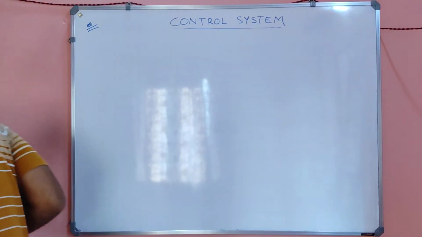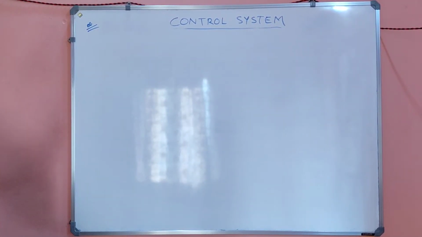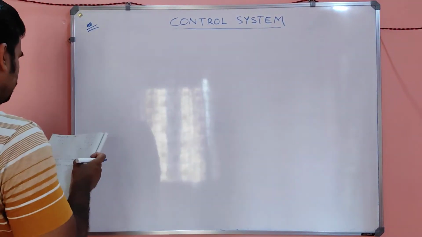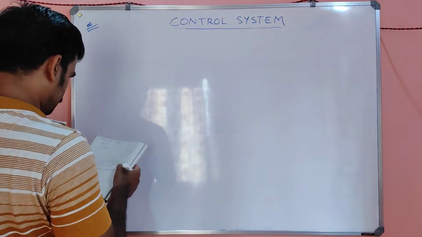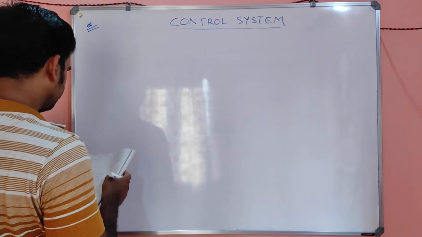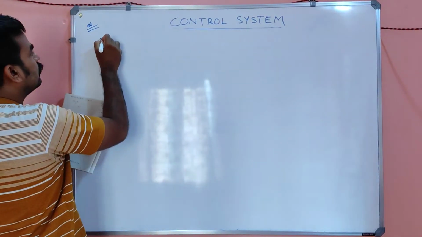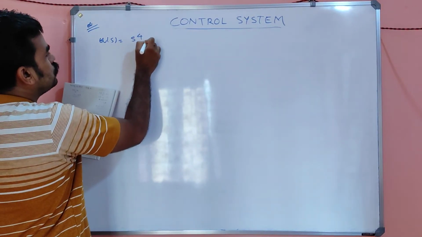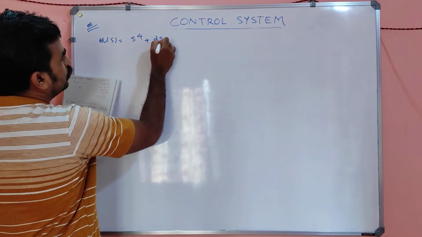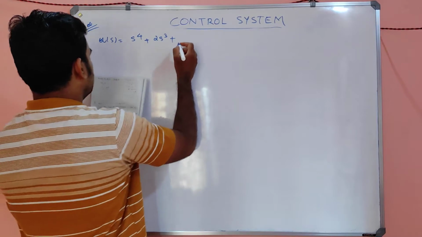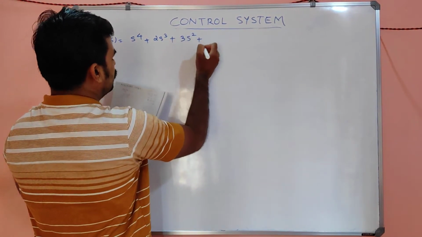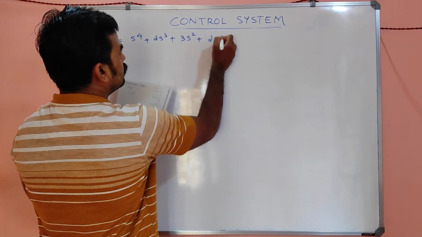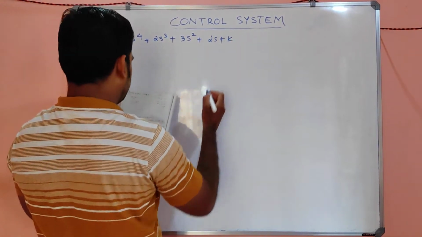Okay, can we do one problem? Write the question, my dear. Q of S is equal to S raised to 4 plus 2s cube plus 3s square plus 2s plus k.